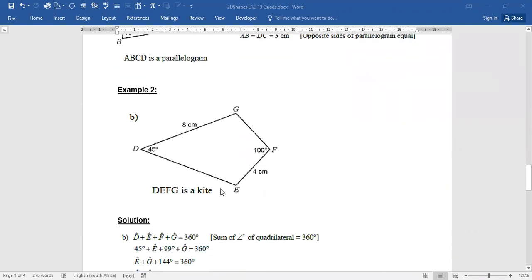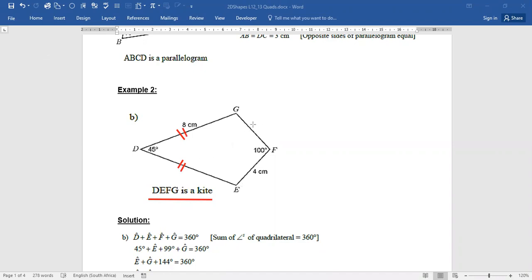Look at example 2. We identify that this is a kite. So for the properties of a kite, we know that the adjacent sides are equal, which means this side here is not equal to that side. If this is 8, then this should also be 8.